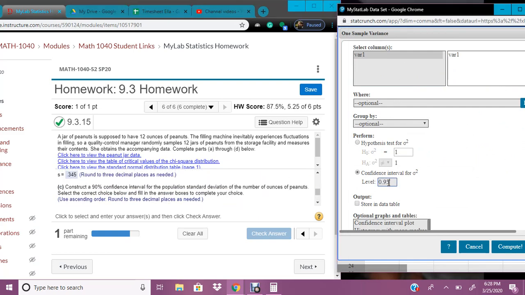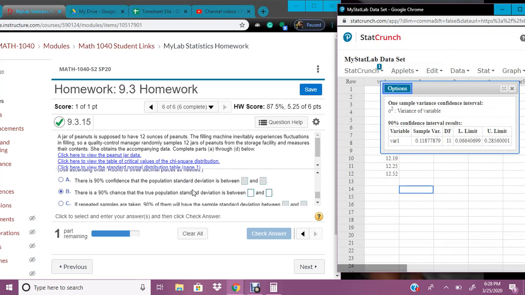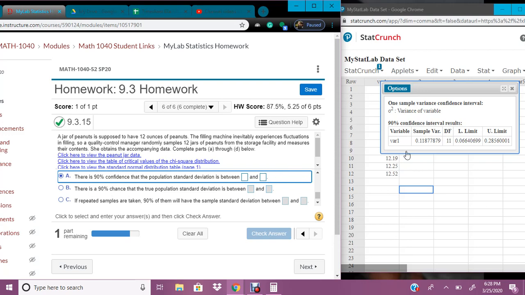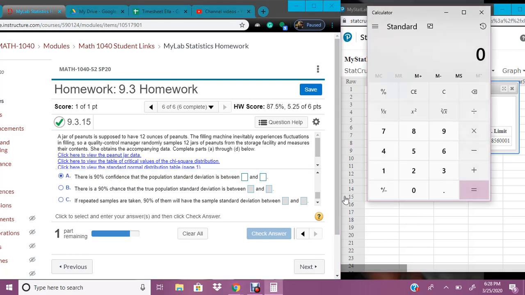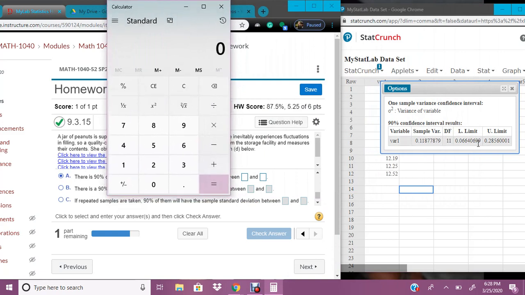So we're going to change this right here to 90. And just like we did last time, we want the one that says confidence, and we're going to compute the square root of the lower limit and then the square root of the upper limit. I'm going to type that in there.